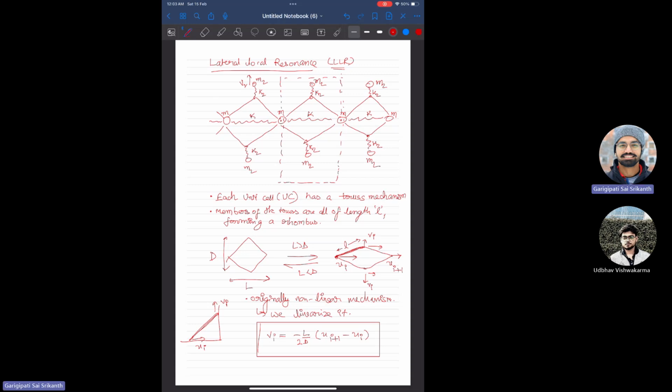And then if you try to see how this point, the top of the truss, moves, you will realize that it will depend on how the two horizontal points are moving, and the rigidity is very important here because that is what gives you the extra constraint of length L being constant.